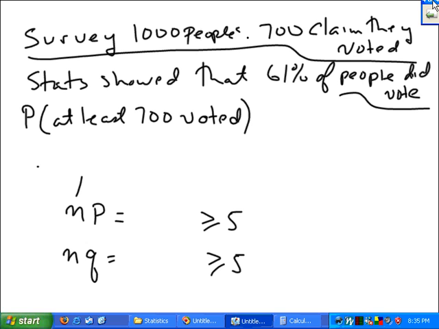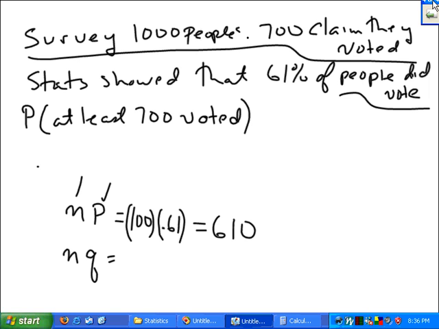Well, n, our sample size, is 1,000. And p, the probability of success, that is finding a voter, is 0.61. And it turns out that 1,000 times 0.61 is 610. Take your calculator, work that out.